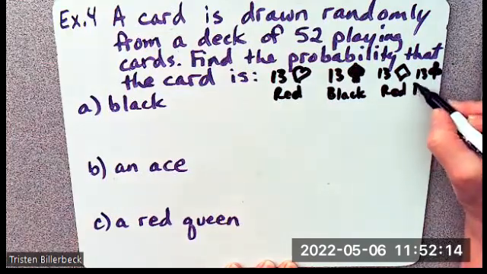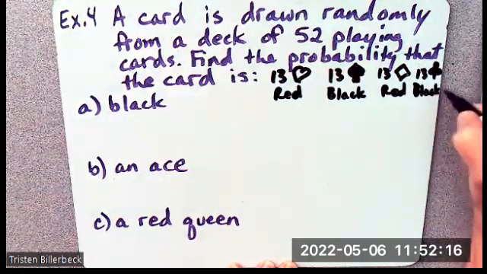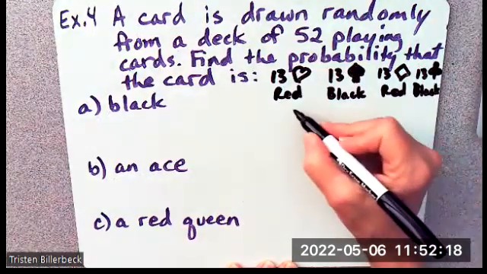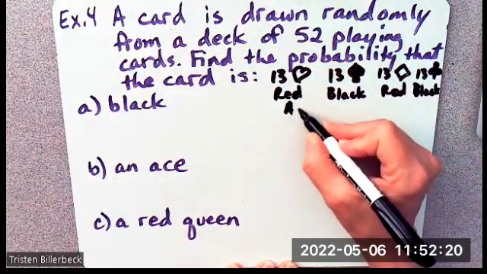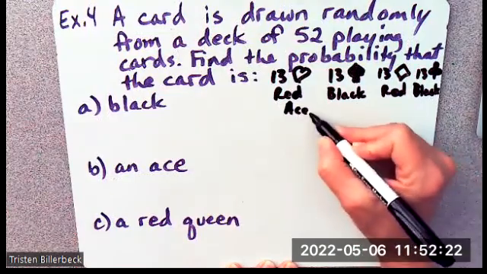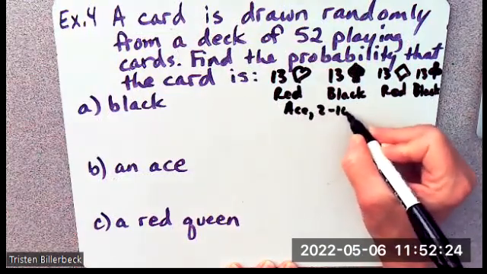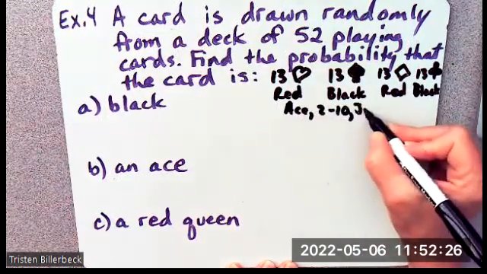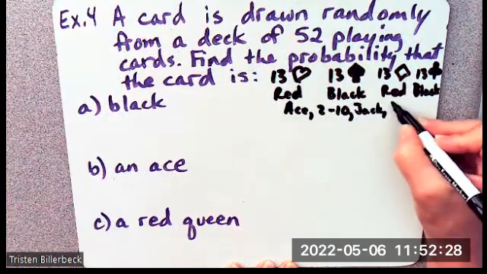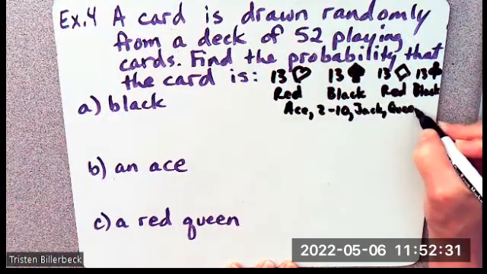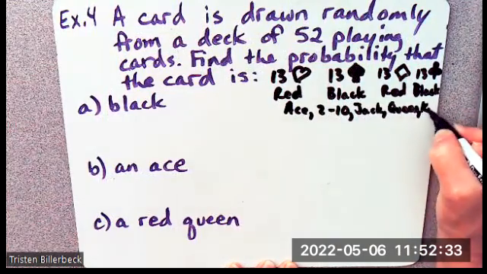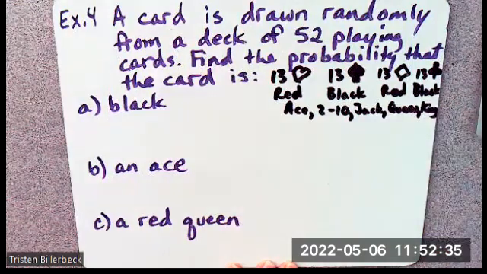and they're black. Okay. And then a deck of cards goes from ace, and then it's 2 through 10, and then we have jack, queen, and king. So that's a deck of cards.